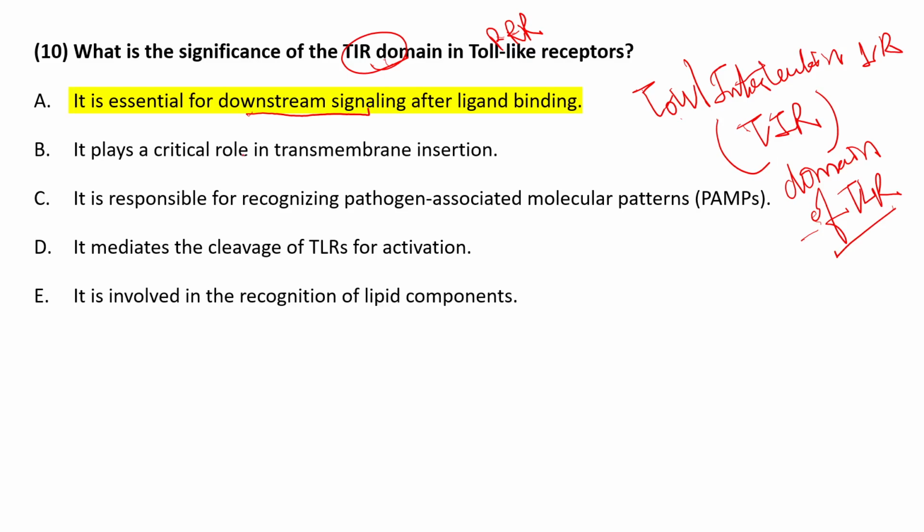It plays a critical role in transmembrane insertion? No. Is it responsible for binding to the ligand, for recognizing PAMP? It will not recognize. It is required for the downstream signaling.